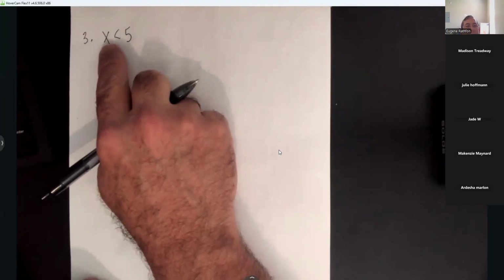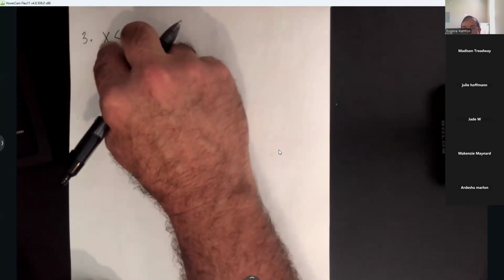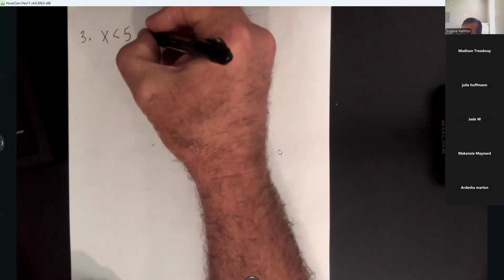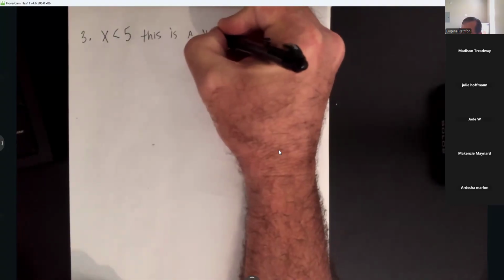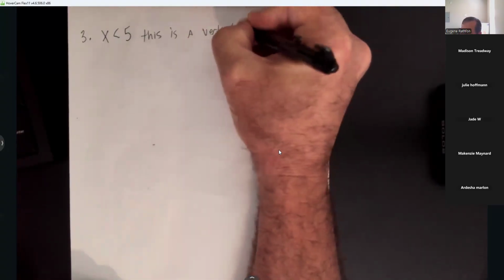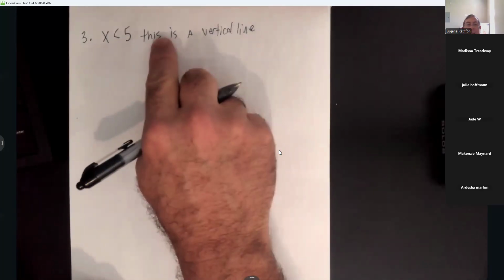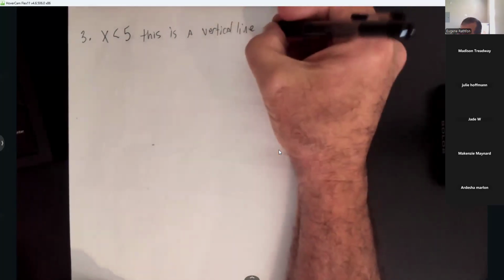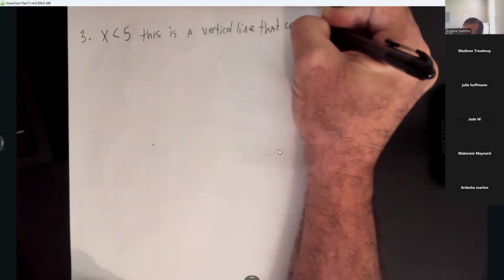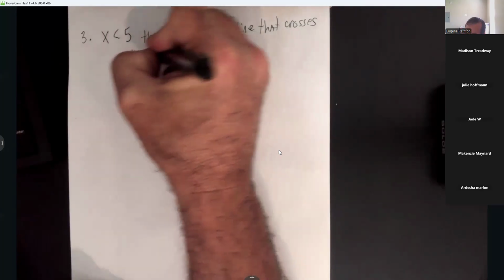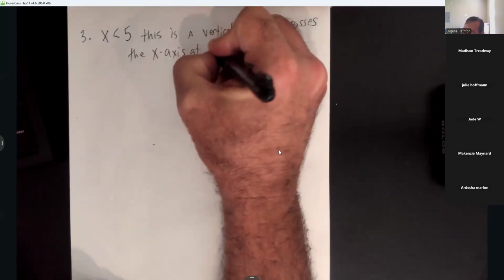But when you got just one variable, x less than 5, when it's an x, this is a vertical line. So the x's make vertical lines, and this is a vertical line that crosses the x-axis at 5.